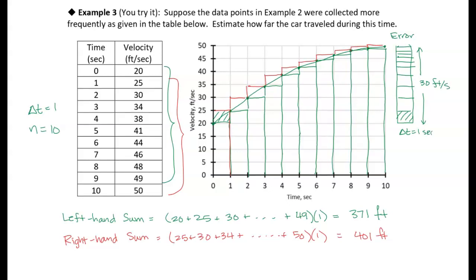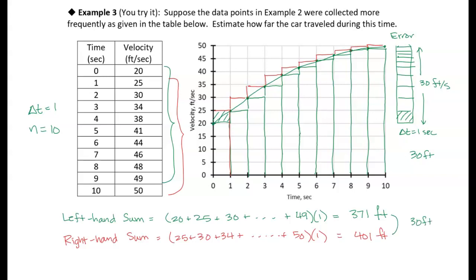So that gives us a difference of 30 feet, right? So our estimates essentially give us values that come within 30 feet of the actual value, right? Because we don't really know where in that band the actual velocity is. And you can see the same thing down here. The difference here is 30 feet, right?